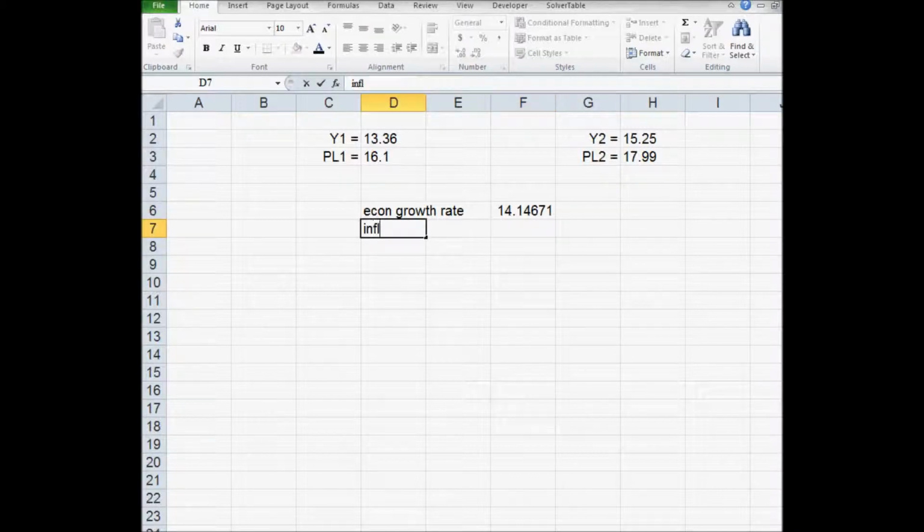The inflation rate is computed the same way: what the price level is minus what it was, divided by what the price level was, times 100. So the economic growth rate is 14.14671.